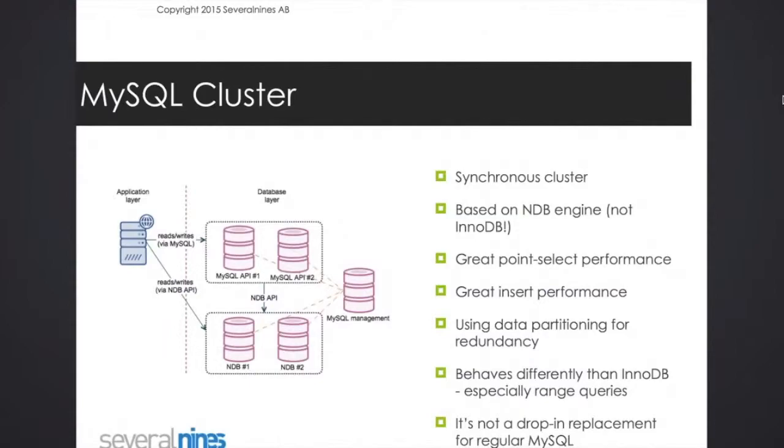Basically, you have some number of data nodes, and the data is located across the data nodes in a way that there are always two copies of a given row in the whole set of data nodes.